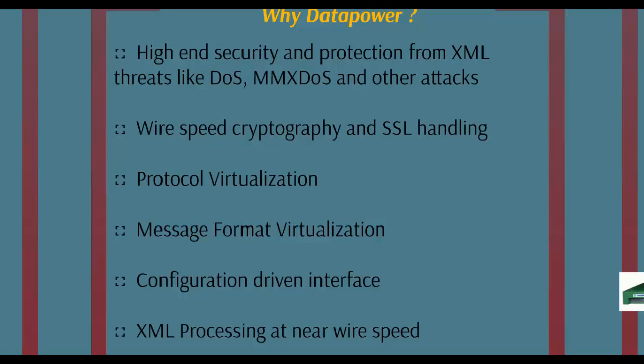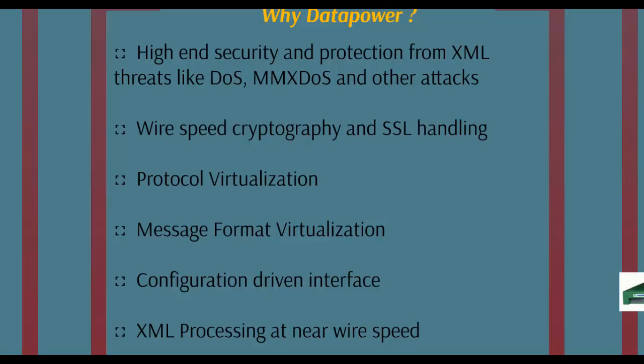And last but not least is XML processing at near wire speed. As I said, Datapower is at its core an XML processing engine, and that's how it first appeared in the market. When I talk about the Datapower family, you will see that the first product that was there in the market by the name Datapower is at its core a highly efficient XML processing engine, and that transforms or processes XML at near wire speed.